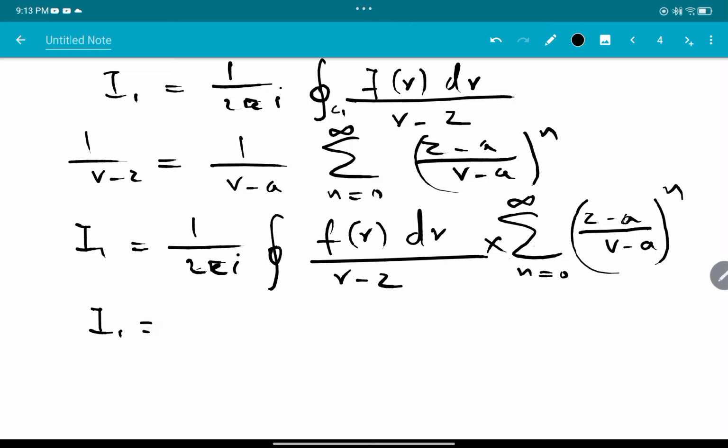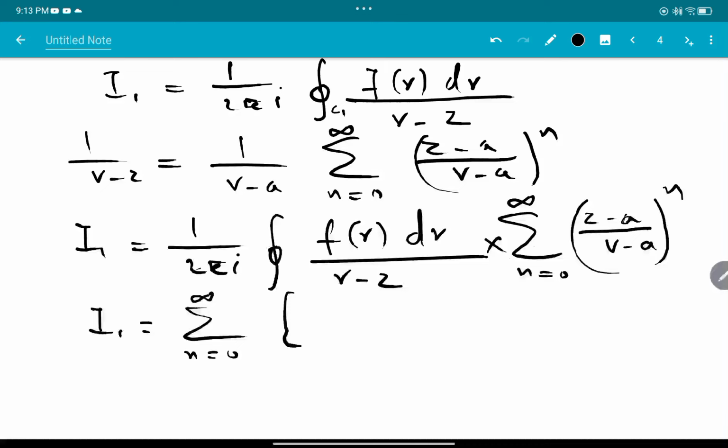I write simply I1 is equal to 1 by 2 pi i, then summation n equal to 0 to infinity, then the integral. I will take the summation out, n equals 0 to infinity, and then I enclose some things in brackets.